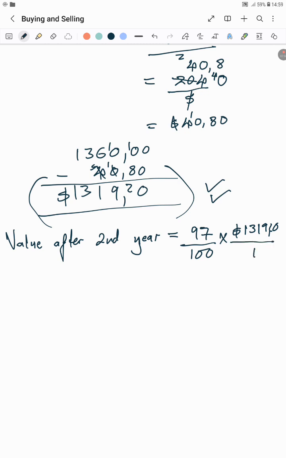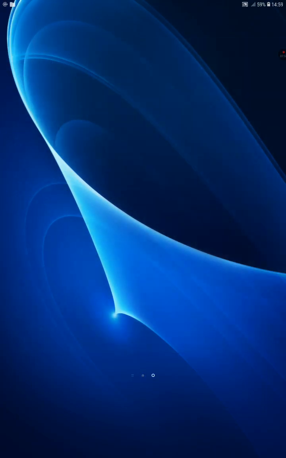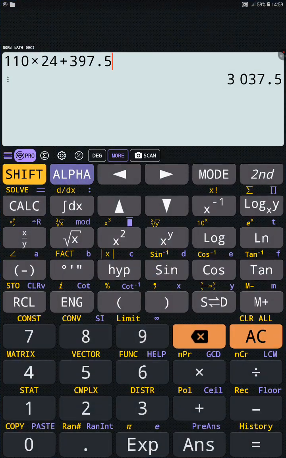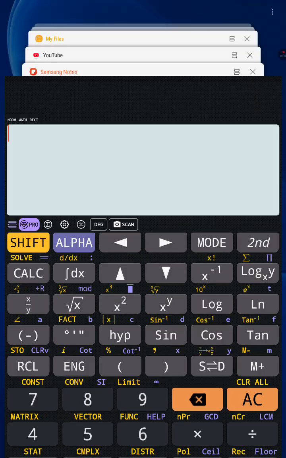So here I'm just going to bring in a calculator to make it faster. Let's find the value.